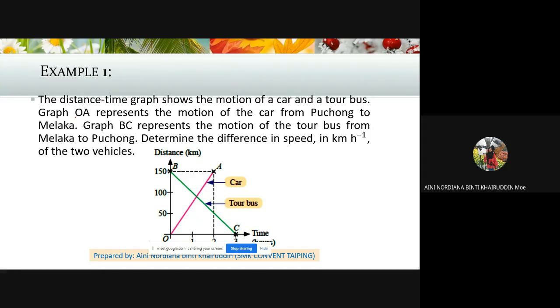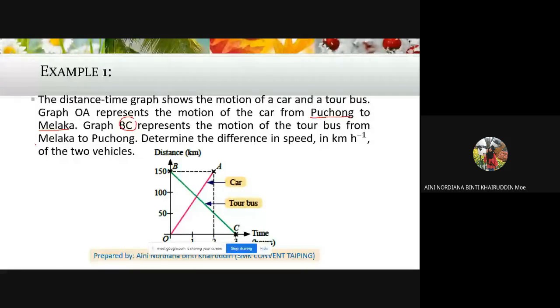Graph OA, pink color, represent the motion of the car from Puchong to Melaka. Okay, Puchong to Melaka. Graph BC, the yellow one, represent the motion of the tour bus from Melaka to Puchong.